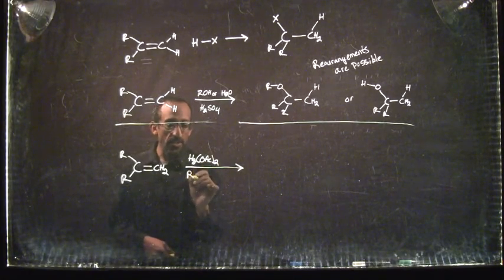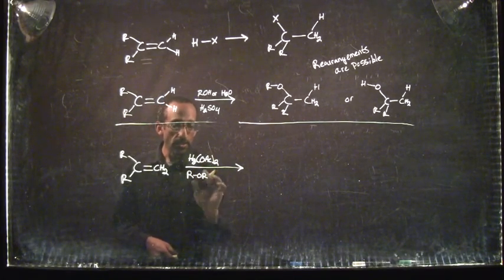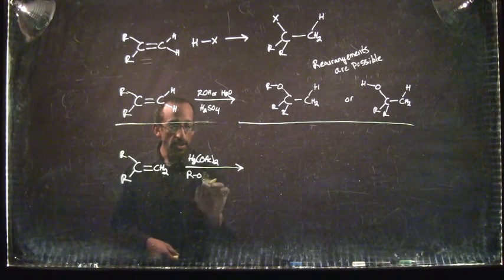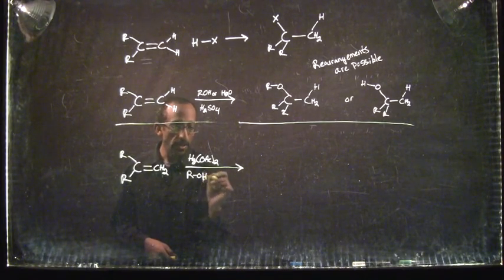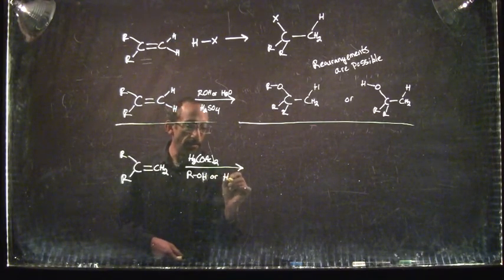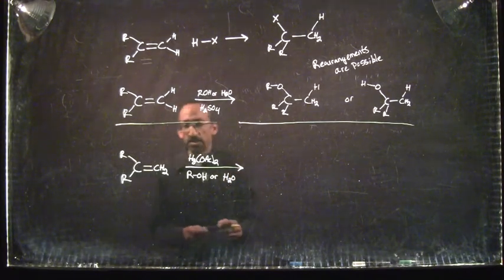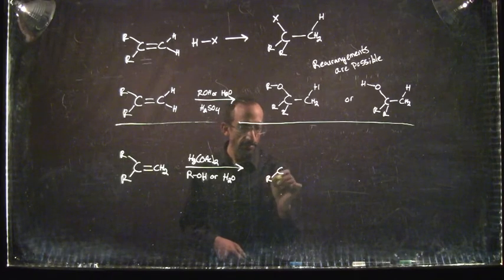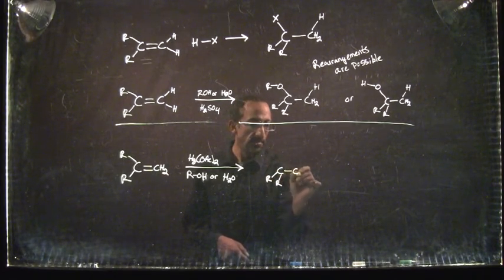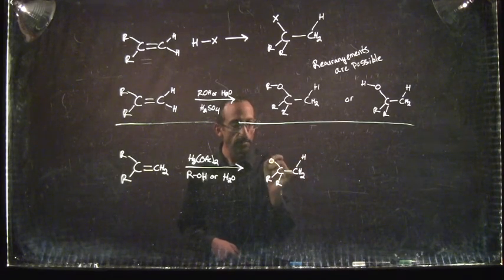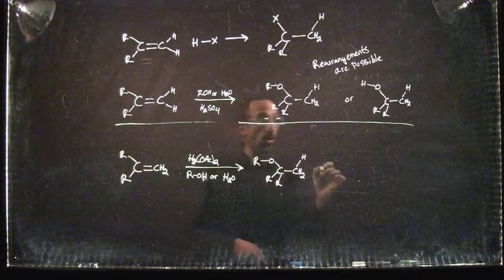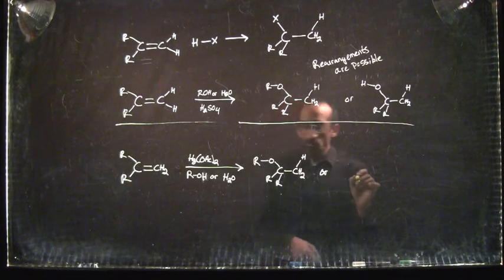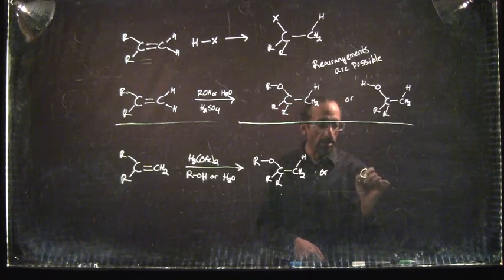And we can use either an alcohol or water. If we use an alcohol, we will end up with an ether. Or if we use water, we'll end up with an alcohol.